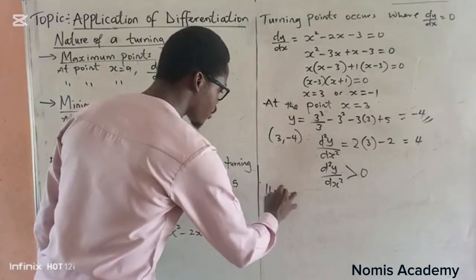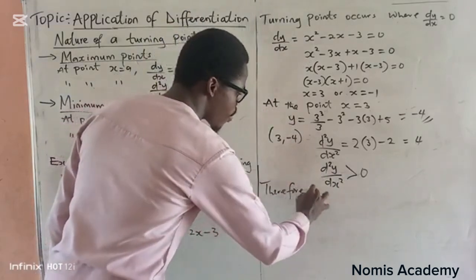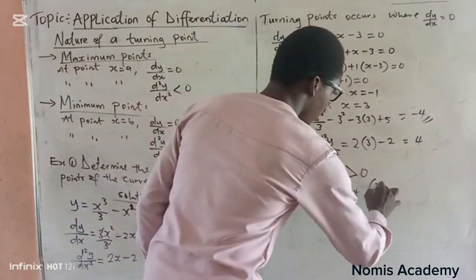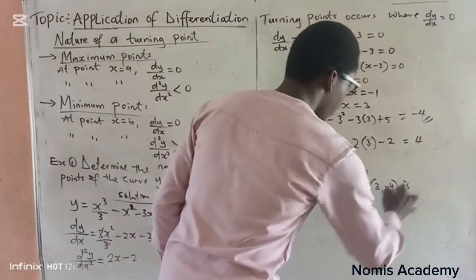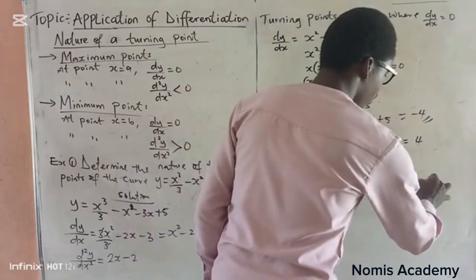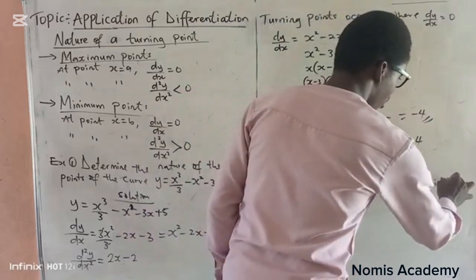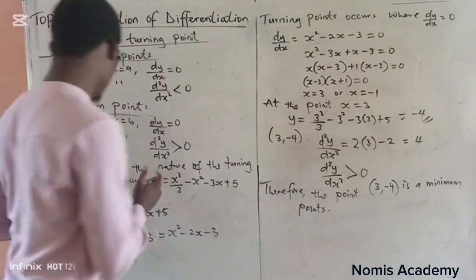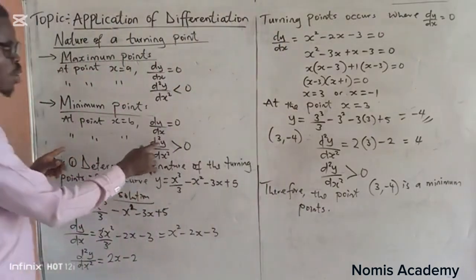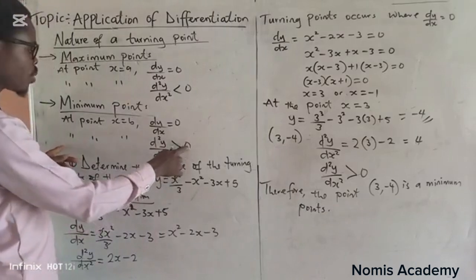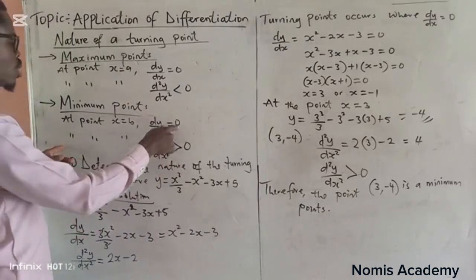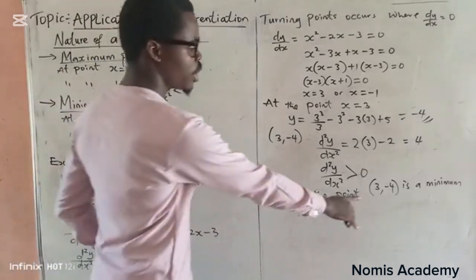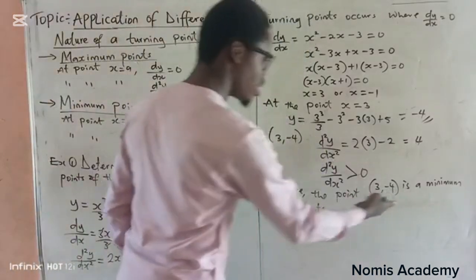Therefore, the point 3 comma minus 4 is a minimum point, based on the condition: when d squared y over dx squared is greater than 0 and dy dx is equal to 0, then the point is said to be a minimum point. So 3 comma minus 4 is the minimum point.